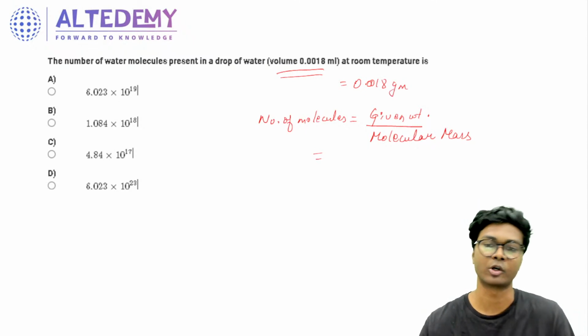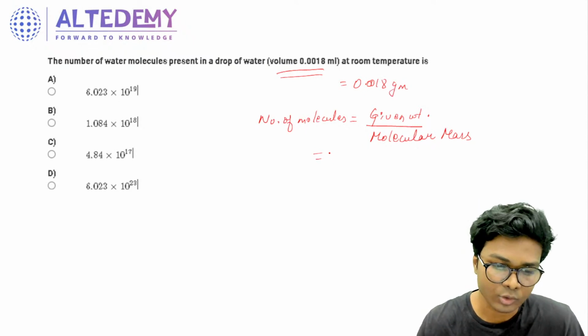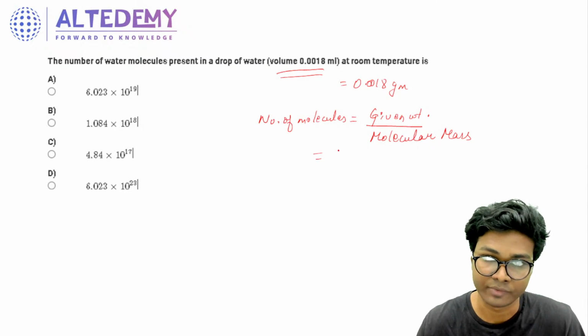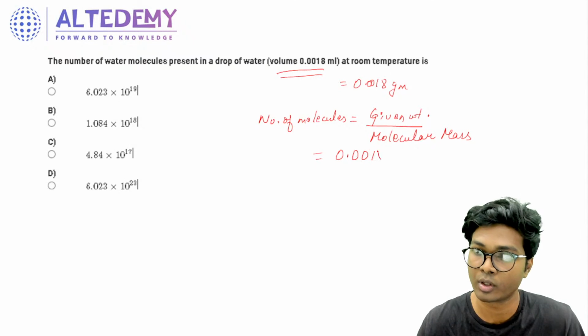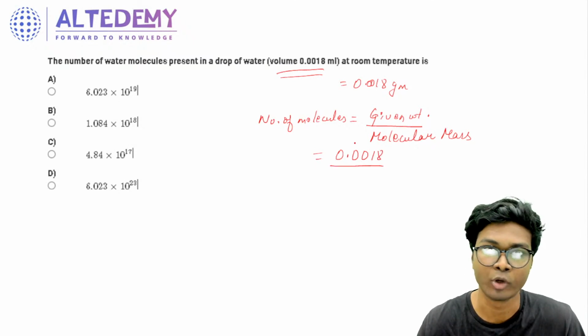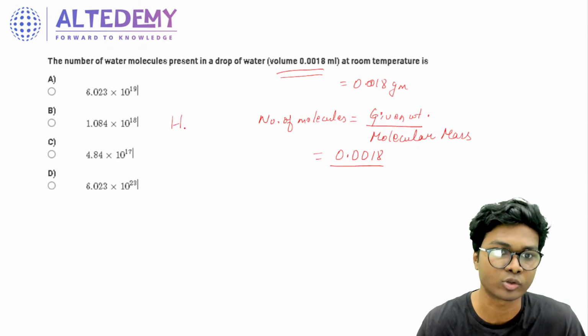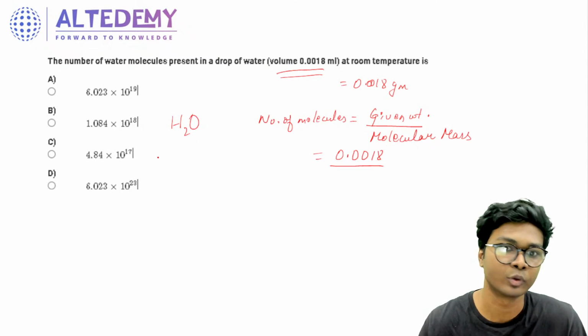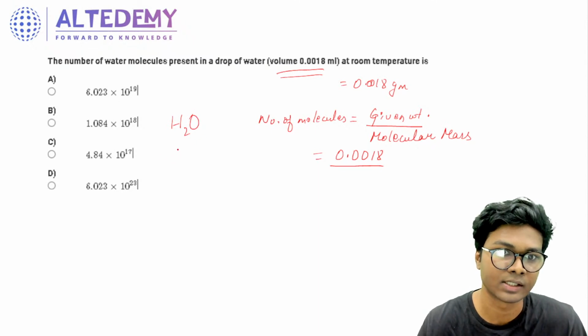So you don't have to worry about that. When we divide 0.0018 by the molecular mass of H2O, which we calculated a few seconds ago, 1 times 2 plus 16, it is 18.